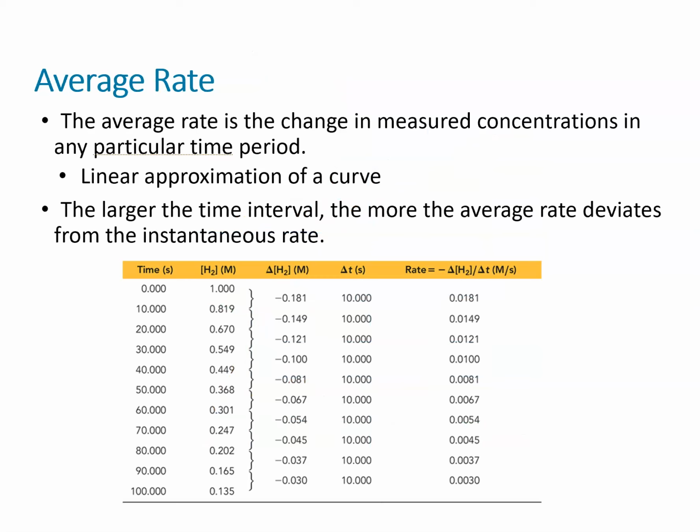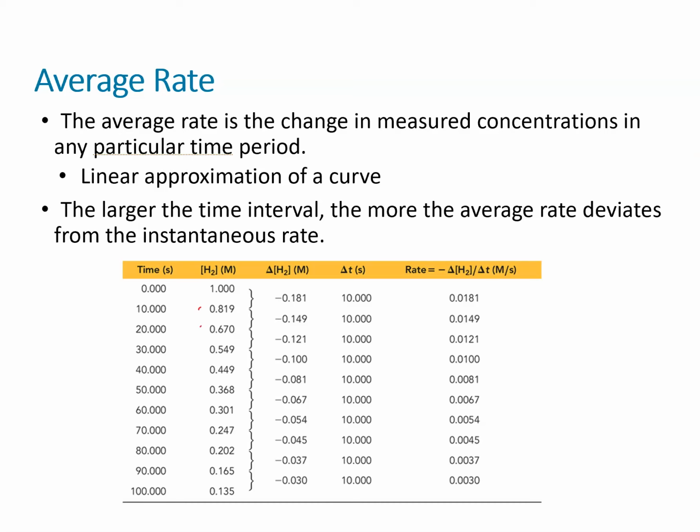If I come back here and we look at the average rate over different time intervals, starting, say, at 0 seconds, and we have 10 seconds, 20 seconds, 30 seconds. Each of these are delta of 10-second intervals. If we start with a concentration of hydrogen gas of 1 mole per liter, or 1 molarity, at 10 seconds we've got 0.819 mole per liter.